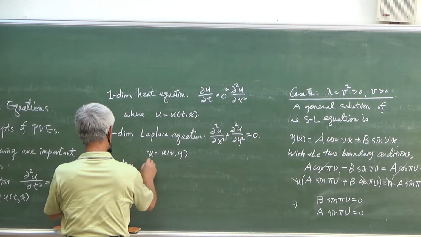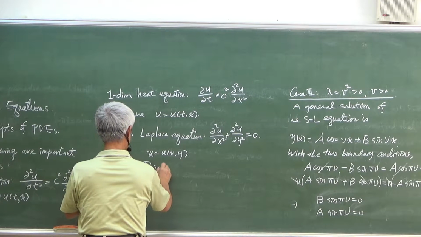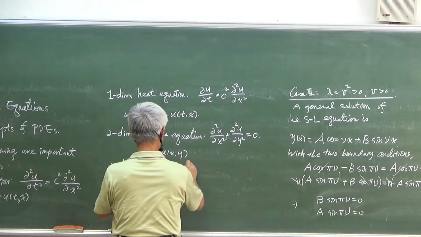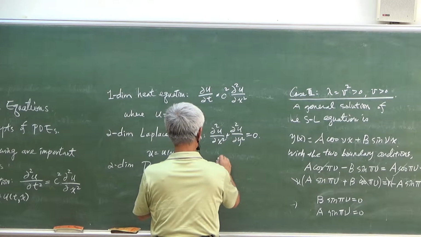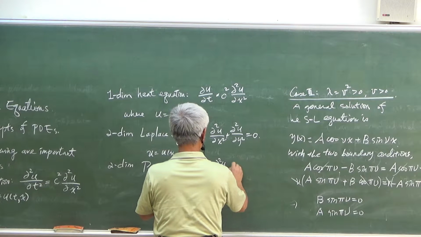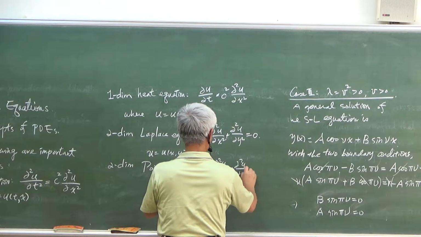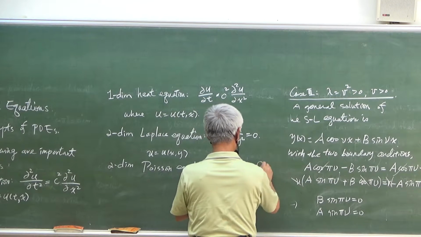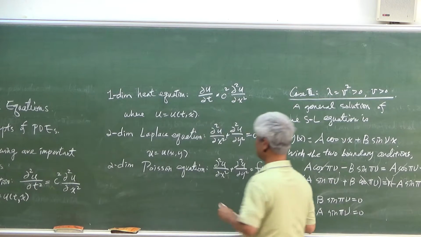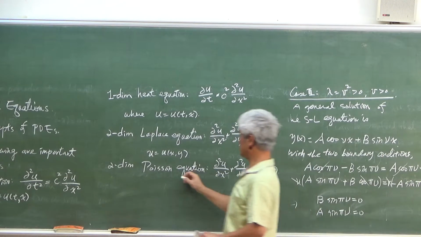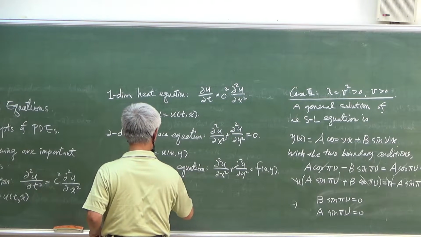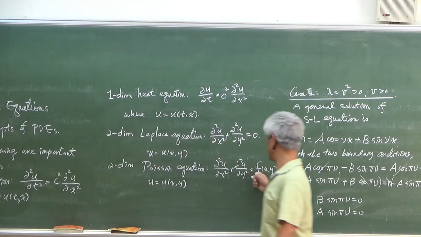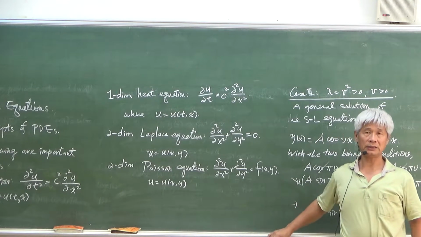The two-dimensional Poisson equation. You can see that the difference between the Laplace equation and the Poisson equation is that you have a source here.